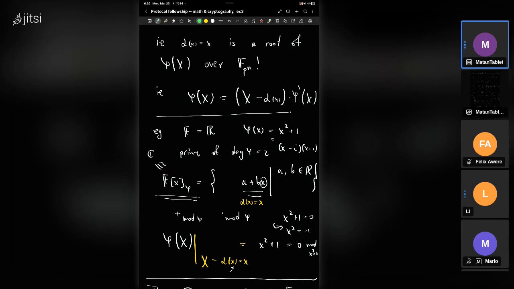All the remainder polynomials with modulo phi arithmetic. Then the variable x behaves like i, because if x squared plus 1 is equal to 0, then x squared is equal to minus 1.